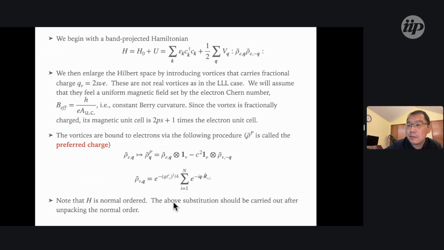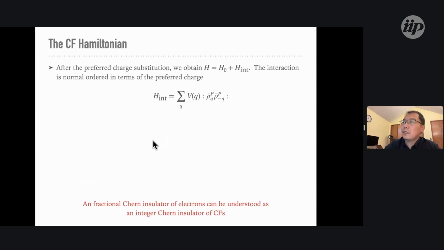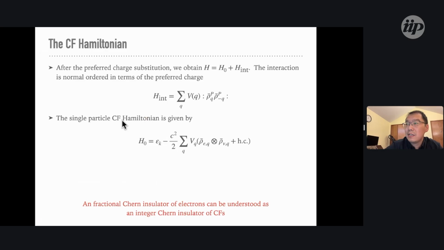Then you can do this substitution, and eventually you will obtain a CF Hamiltonian given by a single particle part plus the interaction part. The interaction part is just the standard normal ordered interaction, but in terms of the preferred charge density operator. Then the single particle part, the H naught, is given by this expression here.